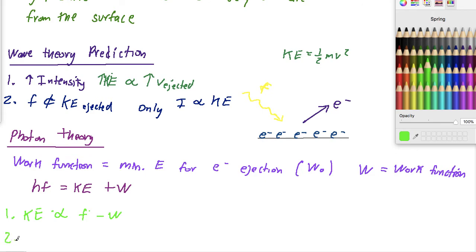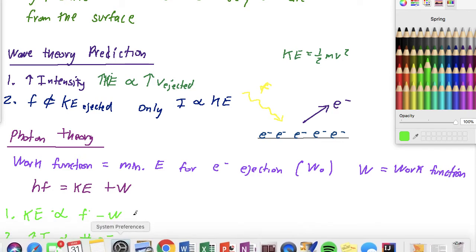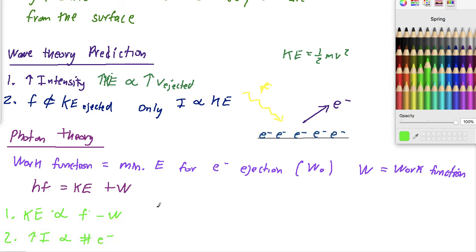And number two, the second assumption or prediction that they make is that the higher the intensity, that just means the more electrons you're shooting. It doesn't mean that you're giving them more energy. It just means you're shooting more electrons with the same amount of energy. So the higher the intensity is, you will have more electrons.